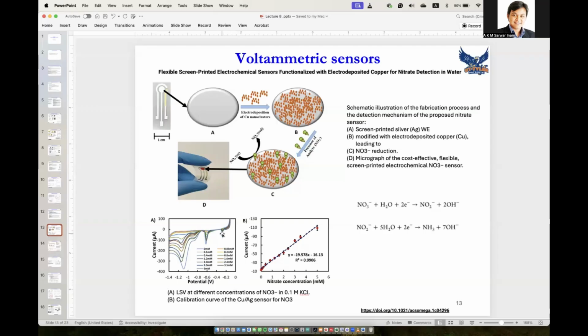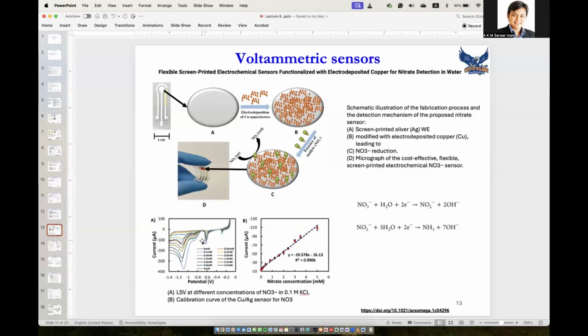So there is one reduction reaction, second, third, fourth, right? The first two reduction reactions are coming from copper oxide and cupric oxide, and then this reduction reaction is coming from the nitrate, because nitrate is going to be nitrite here, and further this nitrite is going to be ammonia here. These are the two reactions.